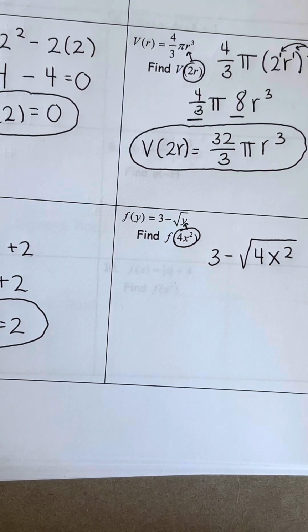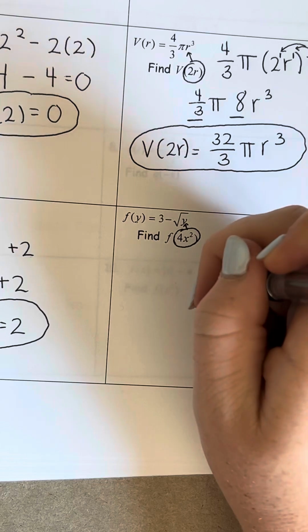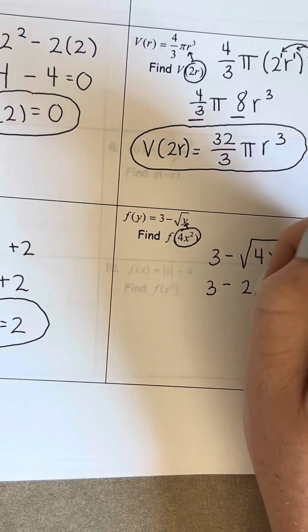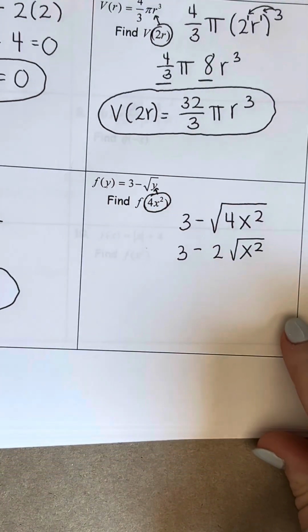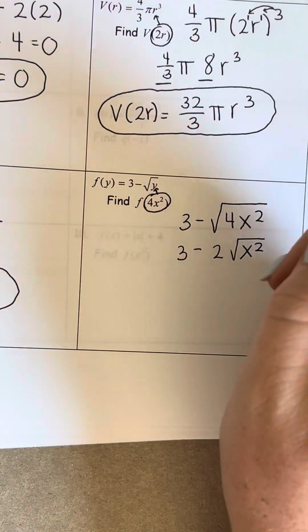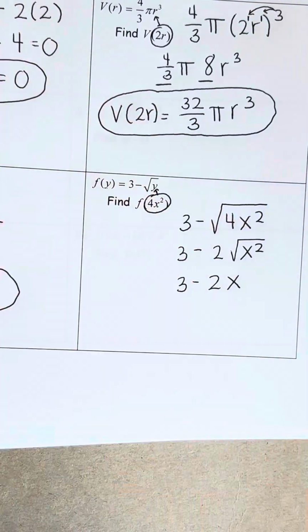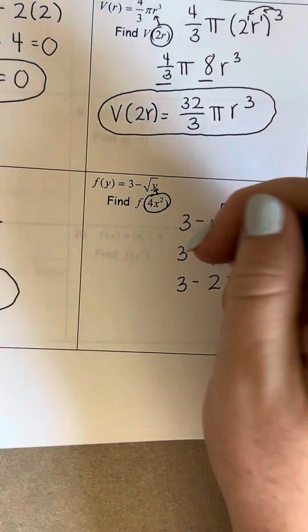If you can simplify anywhere, you need to simplify. Well, I can take the square root of 4, and I know that's 2. So kind of just breaking it down step by step, I can take the square root of x squared, that's just x. So 3 minus 2x would be that simplified. You can move this up to the front or you can leave it where it's at. It doesn't really matter.